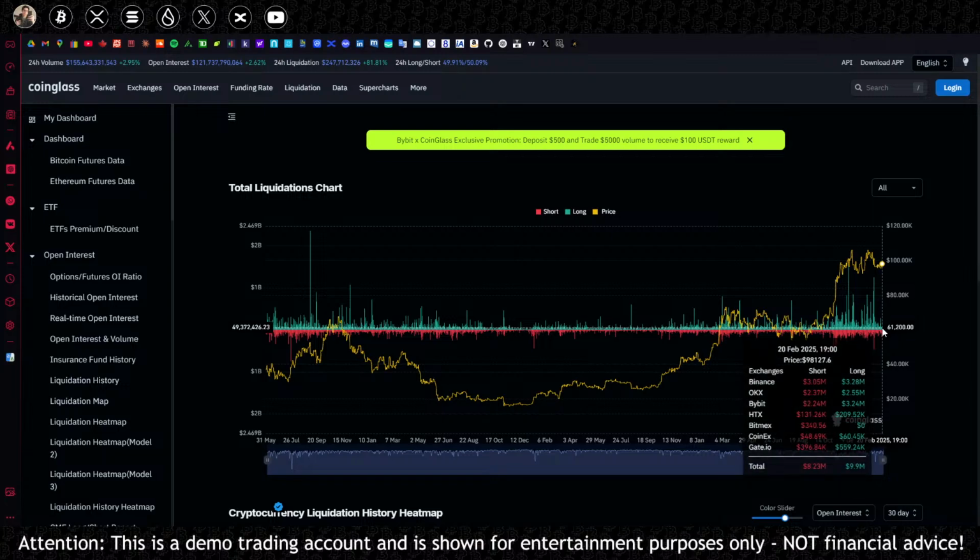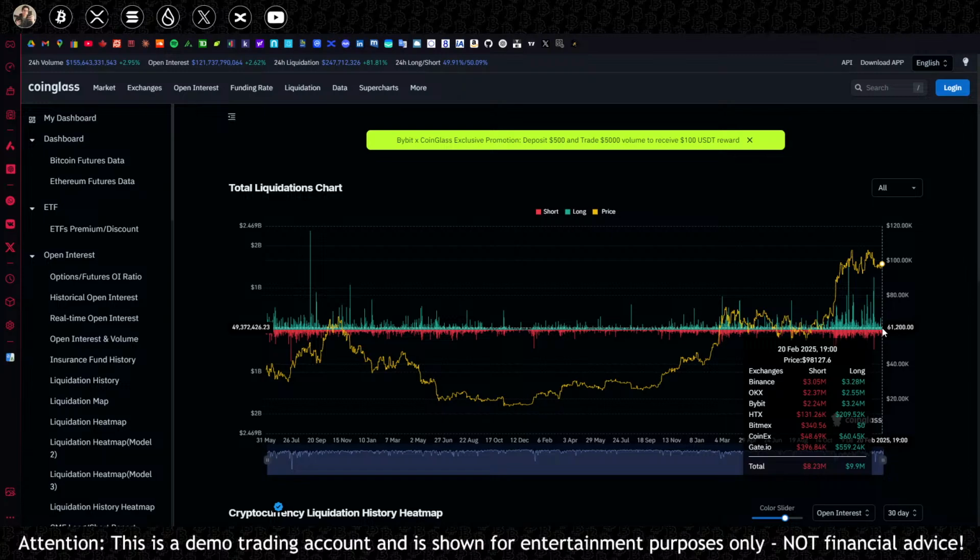Recently, it's... When is this? Does it tell you the date? The day is there, February 20. Okay, it seems like the number is bigger, but it's the K. That's for HTX. Seems like more longs. How are more longs getting liquidated and the price is rising?